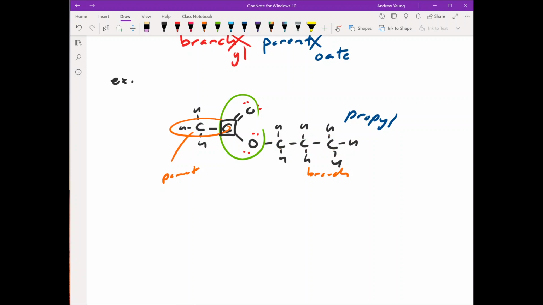Sorry, I actually shouldn't be highlighting the H there. The parent is just from the carbon part, so 3 carbons. That's going to be a propyl, or propane. We change the ending to YL. The parent, because it does include the carbon in that ester functionality, actually has 2 carbons.